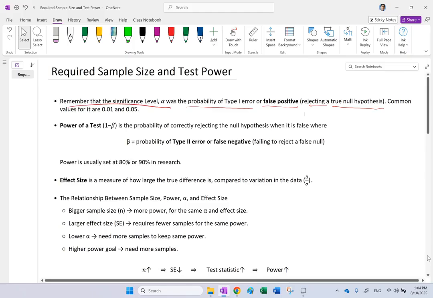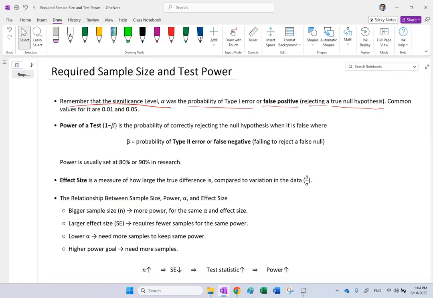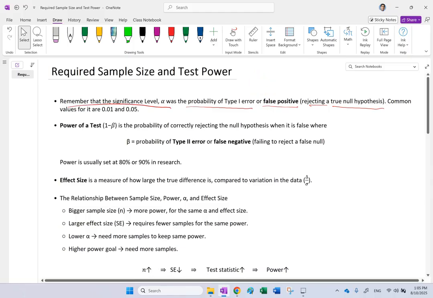That is what we call a type 1 error. And the smaller this alpha is, the better your chance of not making a type 1 error. That means if something is true, you are not going to reject it, you are going to accept it. That is a small alpha.